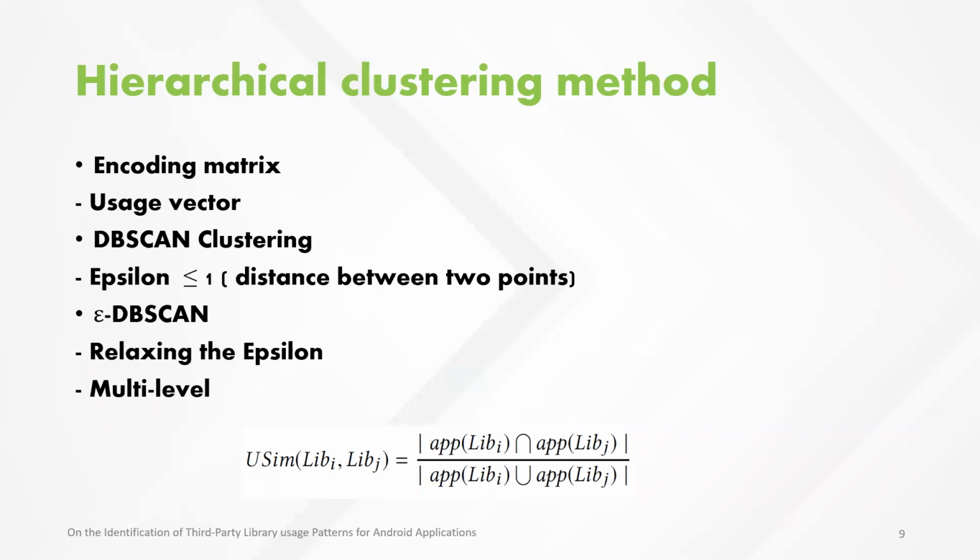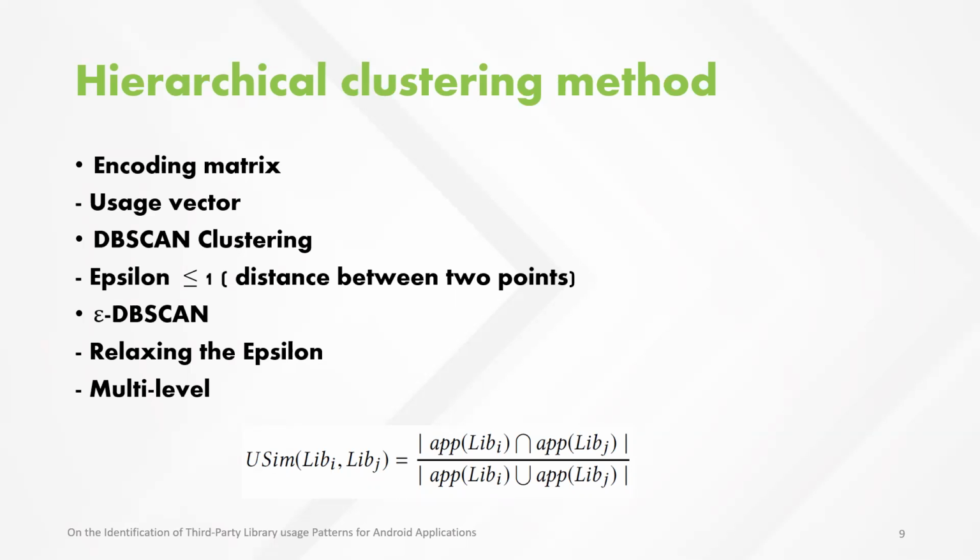We use a hierarchical clustering technique based on DBScan to group the libraries that are most frequently used together by client apps. One of the most important parameters that we use is the epsilon parameter that determines the distance between 2 points, for us, the similarity between libraries. For having multi-level representation, we relax the value of epsilon from 0 to 1 step by step.